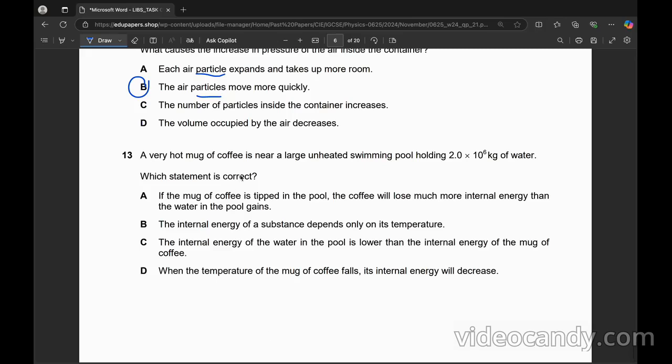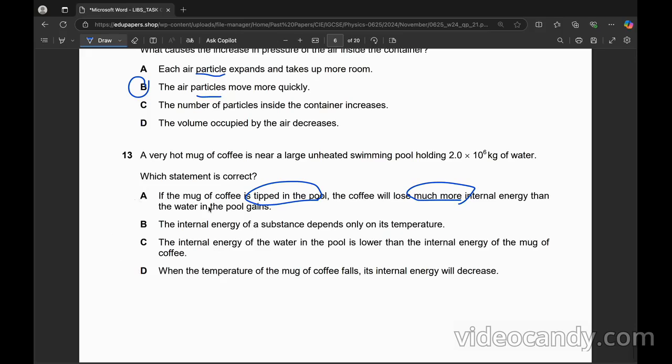Now this is directly tipped in the pool, and when you pour stuff directly into it, there is no way of losing energy, and even if it loses energy into the air surroundings, it will not be much more. So that doesn't really make sense. I mean, this could be true if the other 3 options don't make sense at all, but right now I'm not sure.